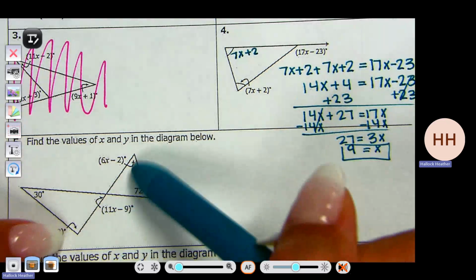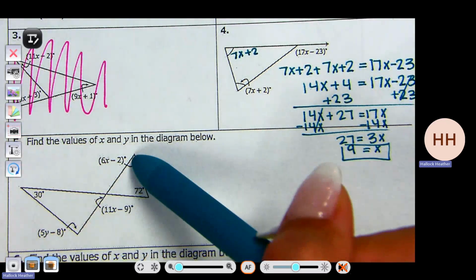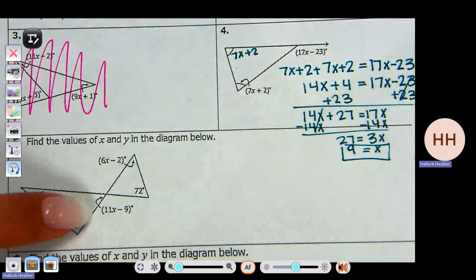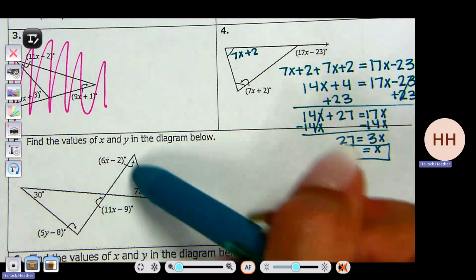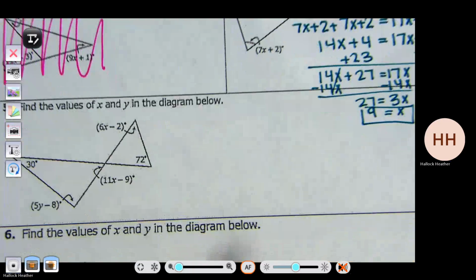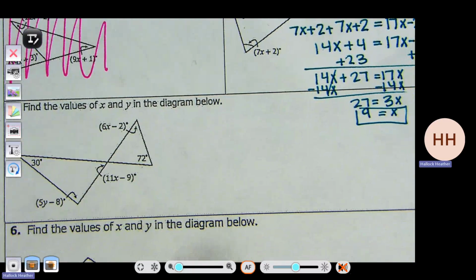If I look at this triangle, I have 6x minus 2 at the top. I have 72 at the bottom. 11x minus 9 is not in the small triangle. It's in the big triangle because that's where the arrow points to. Do I have enough information to add to make 180? No, because I need 3 angles to make a 180.